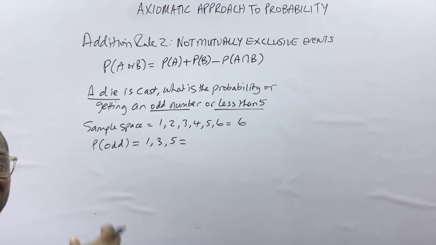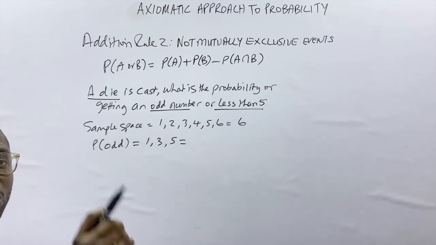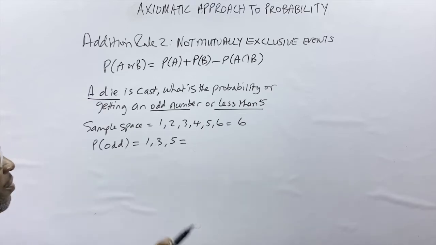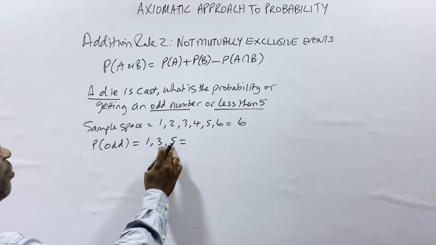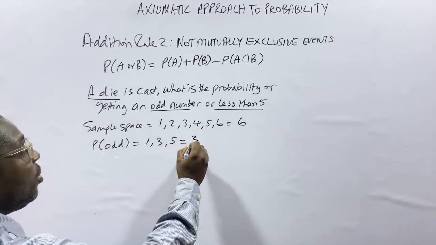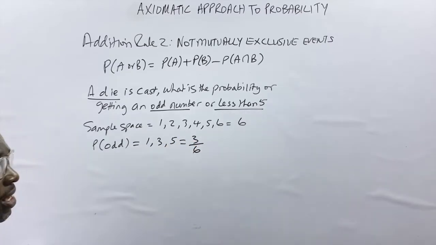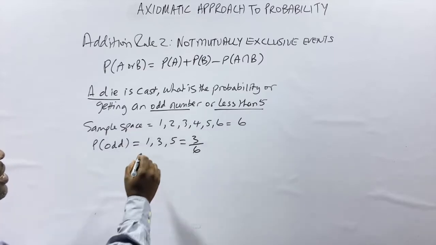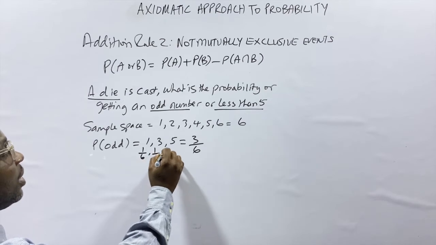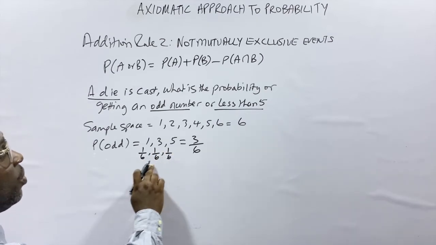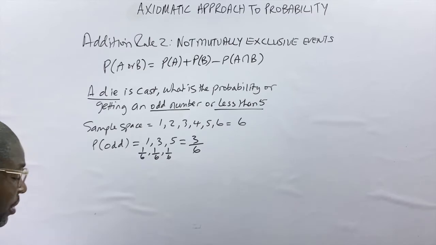Being that it is any of them, it becomes or. And when you have or, what do you do? You add. So the probability of 1 or 3 or 5 will be 3 options over 6. How did we get 3 over 6? This is 1 over 6, 1 over 6, and 1 over 6. If you add these, you have 3 over 6.